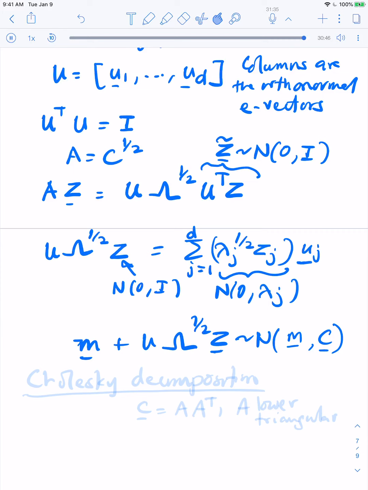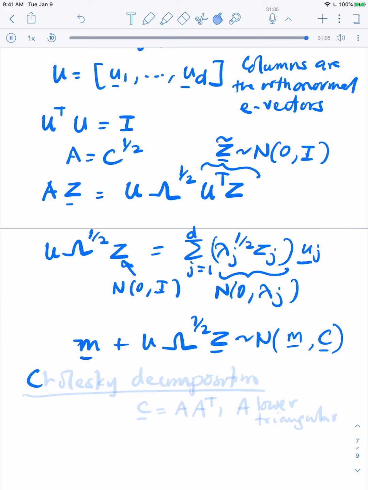So it's like a Gram-Schmidt decomposition, except I'm thinking of the individual random variables as vectors. This is very vague, and I don't want to go too much into it, but I encourage you to look up Cholesky decomposition, because that's a very efficient way of doing it.